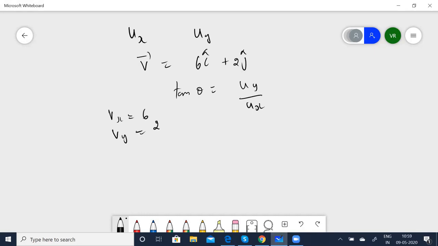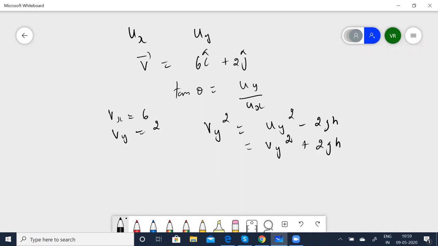Now you know ux is equal to vx, so ux is equal to 6. Now vy squared is equal to uy squared minus 2gh. Because it is moving upwards, it's going to be plus 2gh.